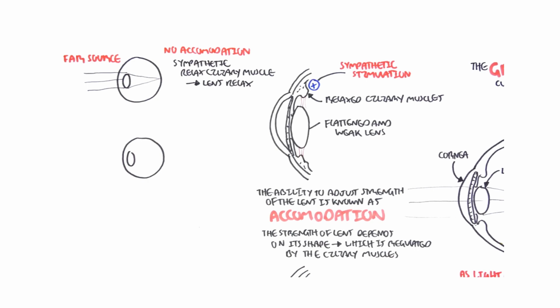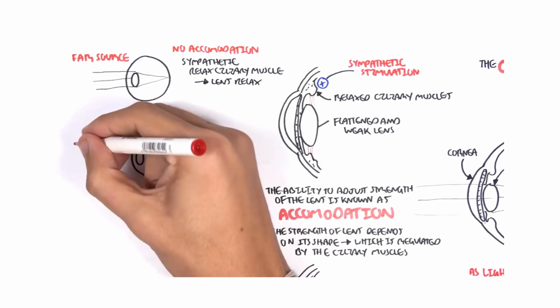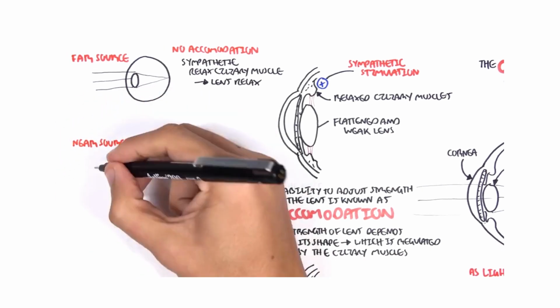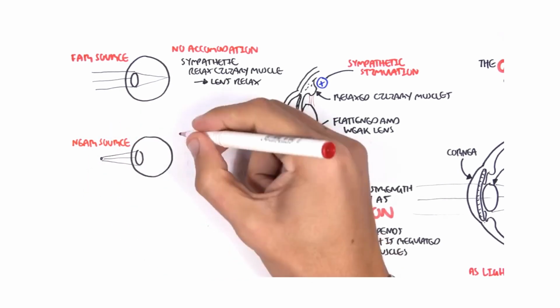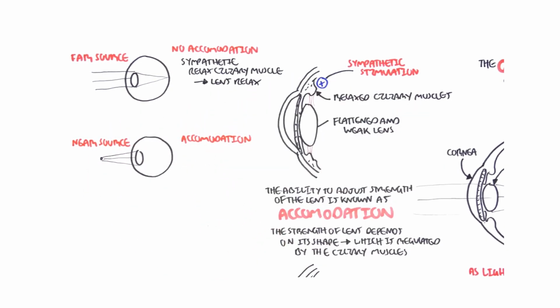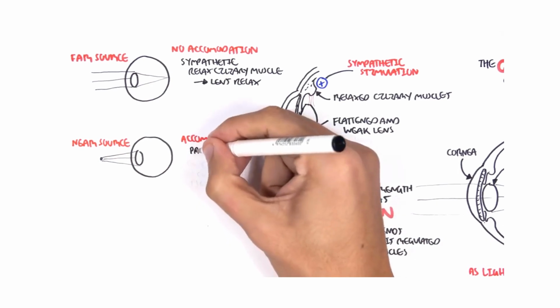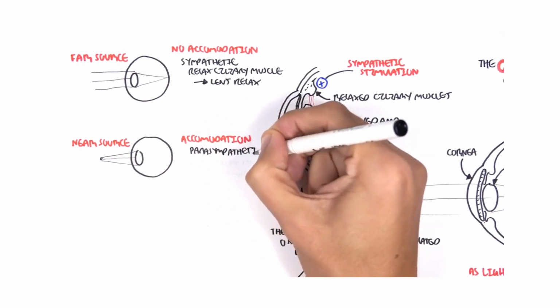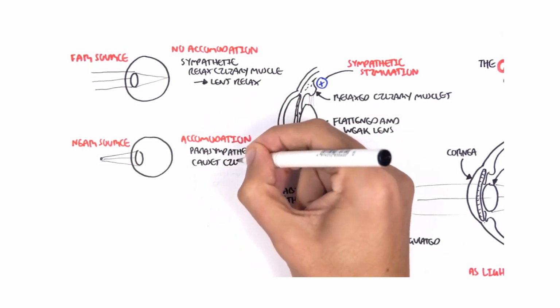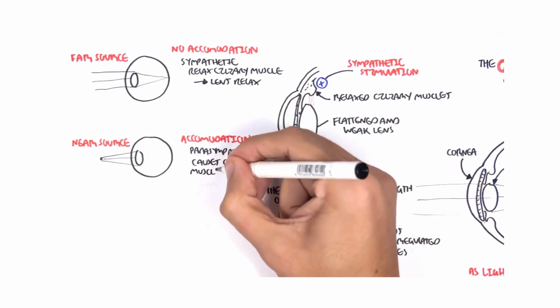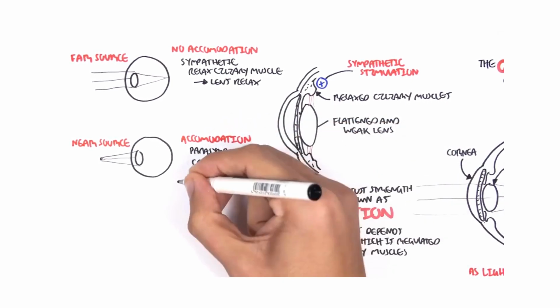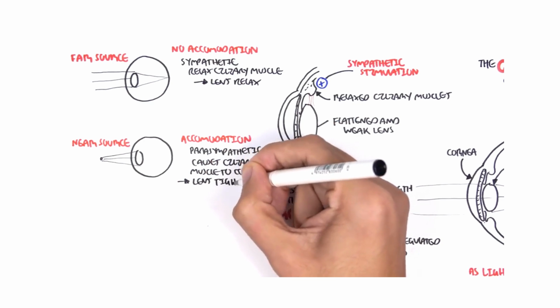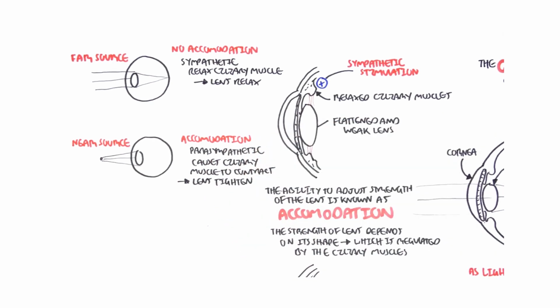However, when your eye focuses on objects close to you, so near source, you need to accommodate. There has to be accommodation, and this is where the parasympathetic nerve causes the ciliary muscles to contract, and so the lens tighten, and the light can then be refracted more, and thus more focused on the retina.